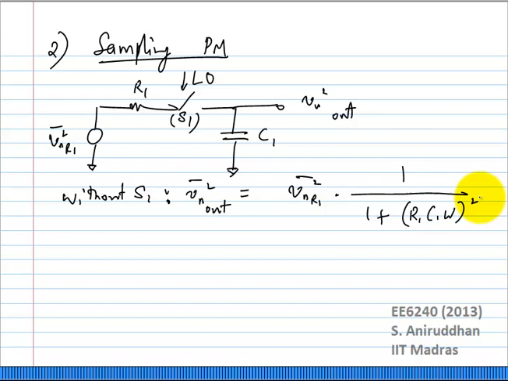And what is Vn squared R1? We'll look at the two-sided spectrum. It is 2 kT R1 from minus infinity to plus infinity. Normally when we say 4 kT R, that is the one-sided spectrum from 0 to infinity, where we usually fold it over and look at twice the noise.